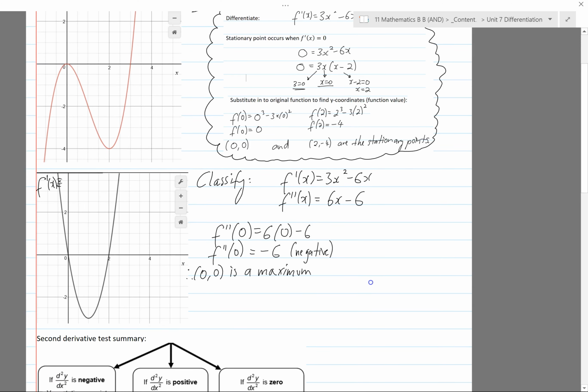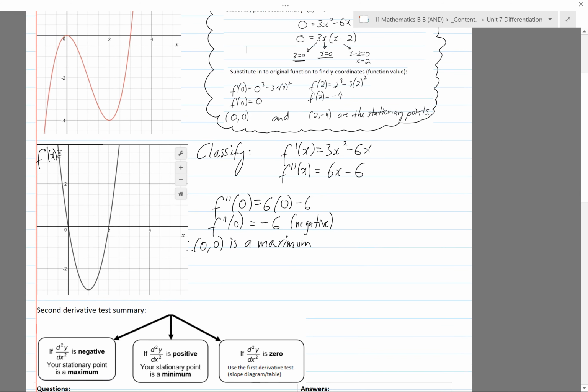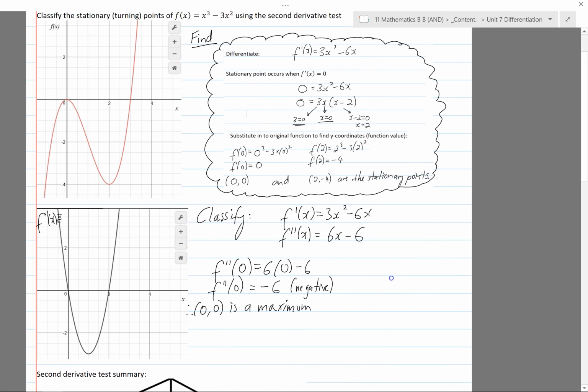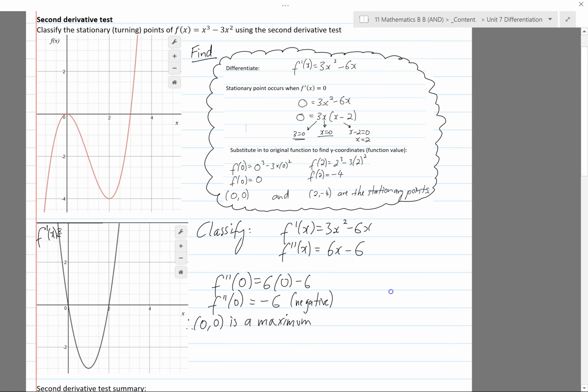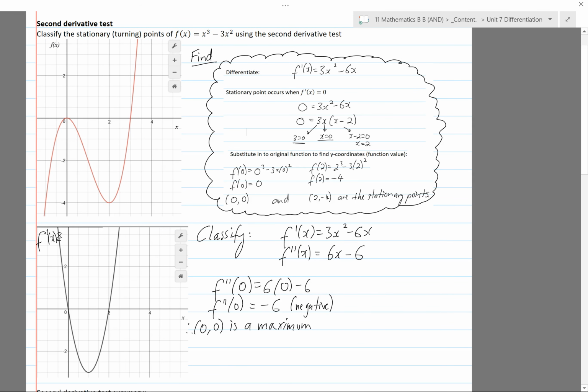Okay, you're probably wondering, that's great to have a rule, if the second derivative is negative, it's a maximum, but I want to know what's going on because I'm a good student and I care about knowing things. What this is saying, second derivative is negative, means that at this point, I know that on the slope function, this is flat, so I get a 0 slope. Where we can extend on that is by looking at the instantaneous rate of change at this point.